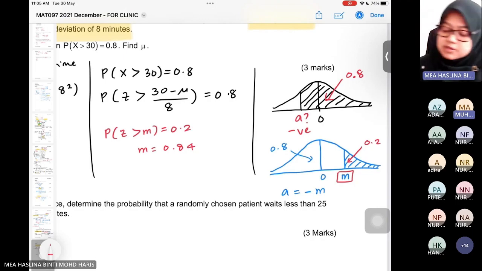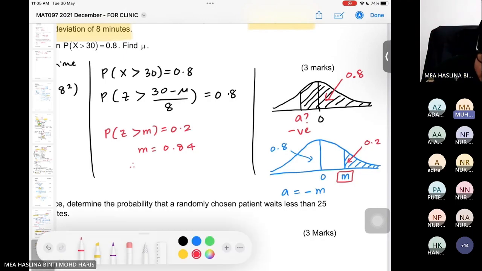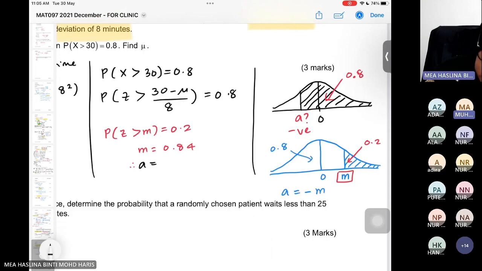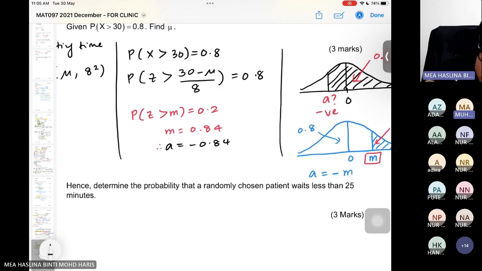Okay, it's 0.84, right? So that means A equals negative 0.84. So the probability of Z greater than negative 0.84 equals 0.8.